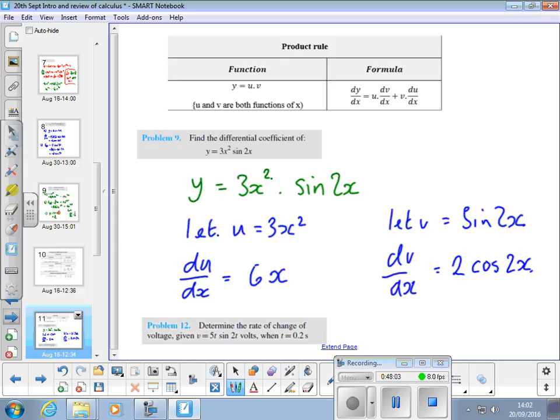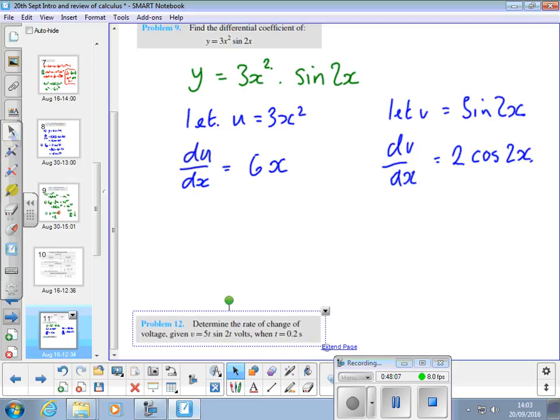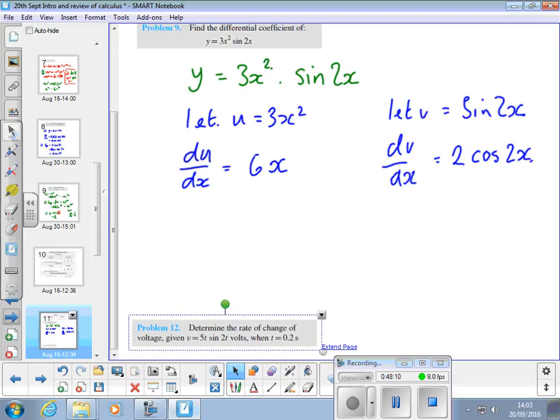Yeah? What we then do is put those bits in that formula at the top there. So we take u, whatever we set to u, 3x squared. That's worthwhile putting these in brackets to start with.